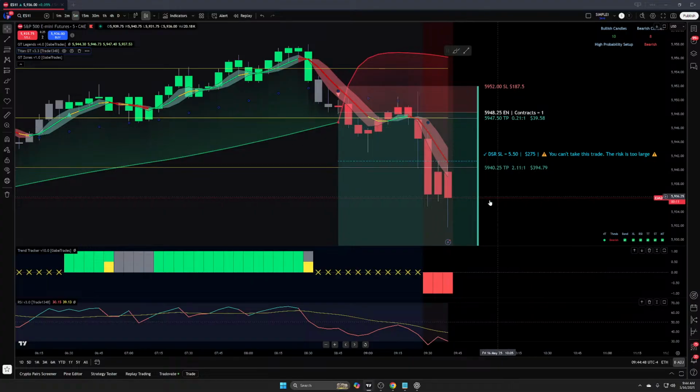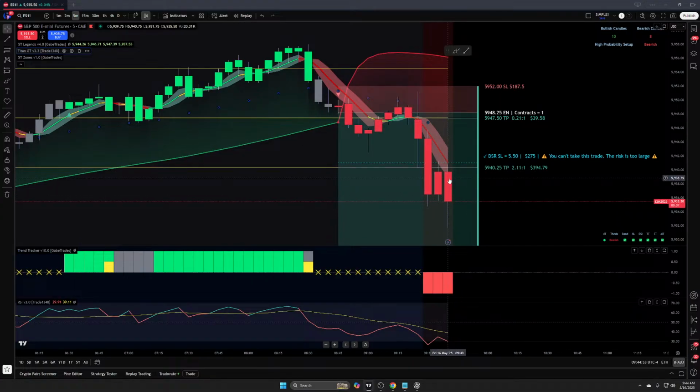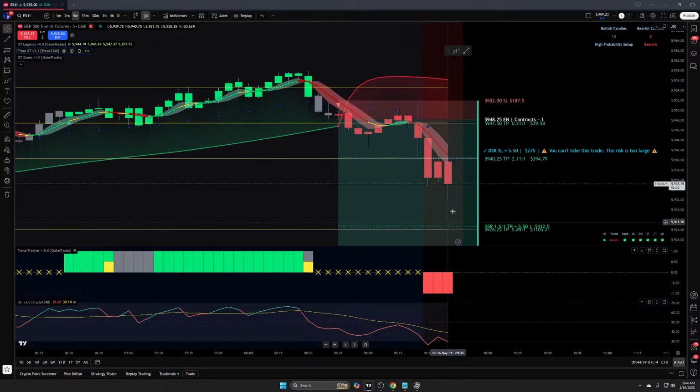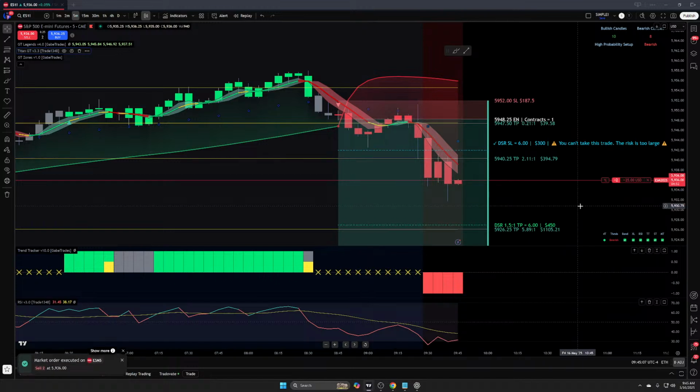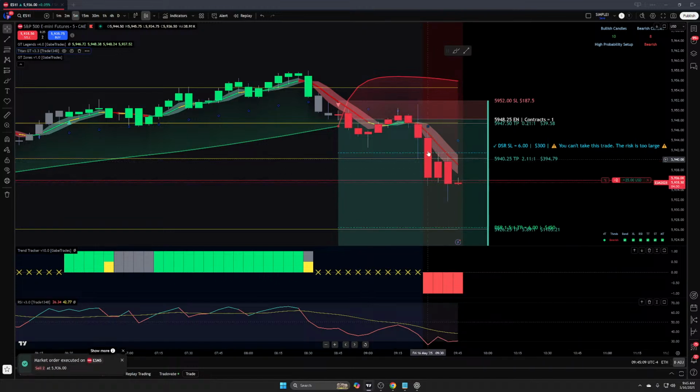So we have ES. Again, it doesn't look like it retraced as much into the band as I like, but it is ES. We got the band, we got a candle print. You know what? That's fine. Now, I'm going to go short here. We're pretty close to the band.